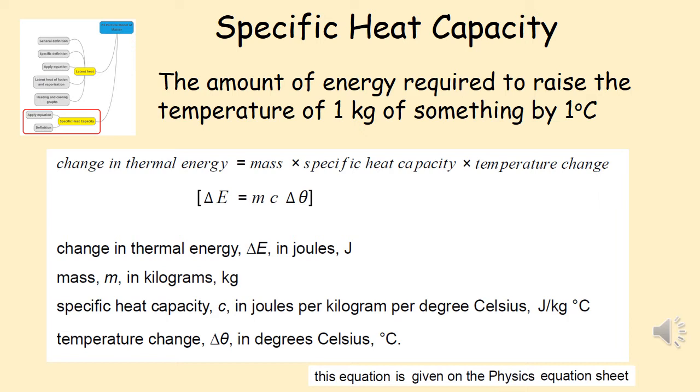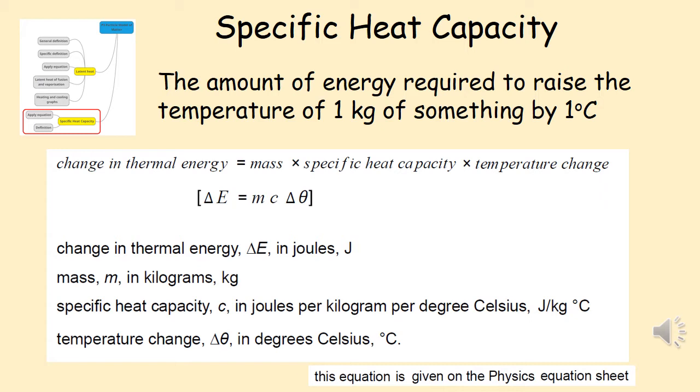One of the aspects of using it is we have to know the units that everything is in. So your energy has got to be in joules, and in the equation that's given as a triangle, then an E. The triangle simply means change. It's the Greek letter delta, and it's used in maths and science for the change in something. Mass has got to be in kilograms.